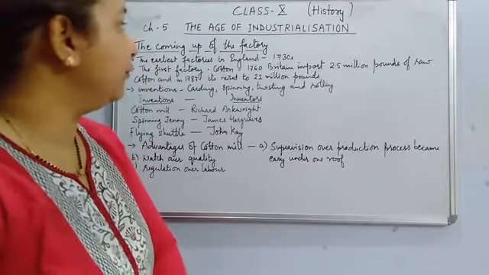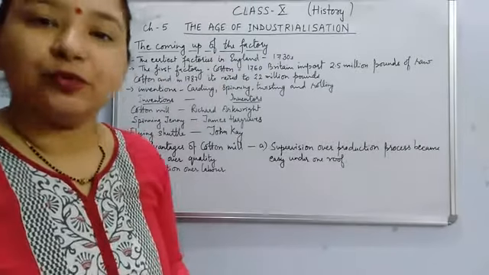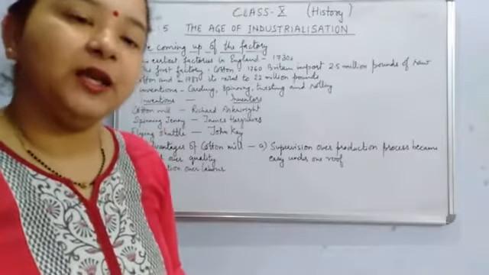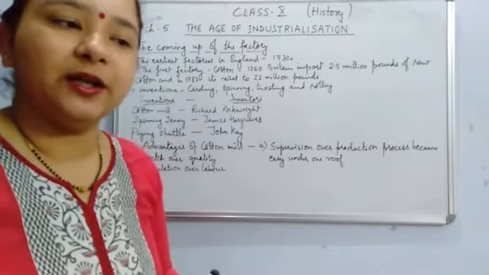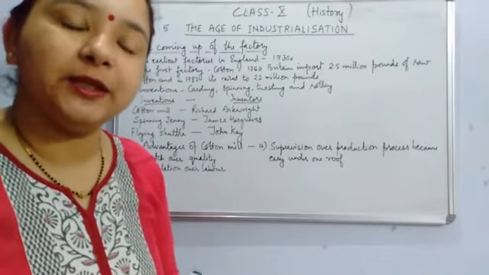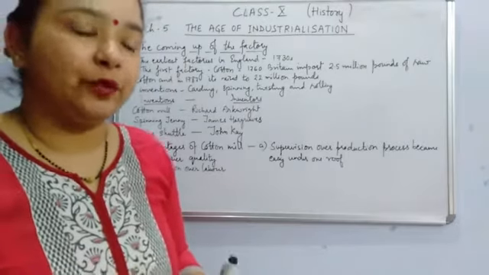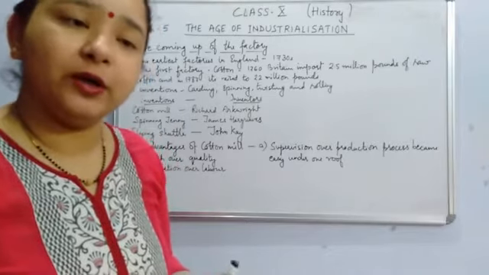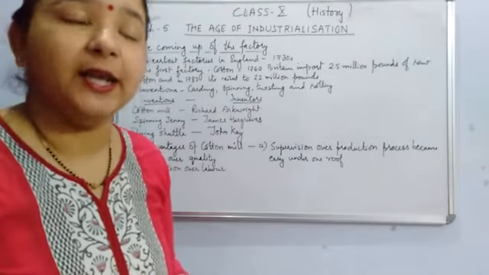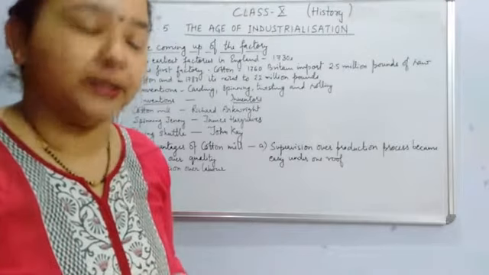Now, to continue further with the next topic, the coming of the factory. In proto-industrialization, I explained how the initial thing started, a connection developed between the towns and the countryside, for the sake of producing goods on a large scale for the international markets.